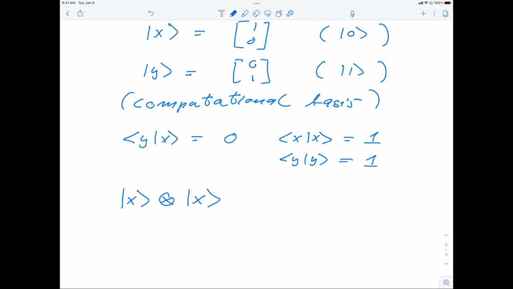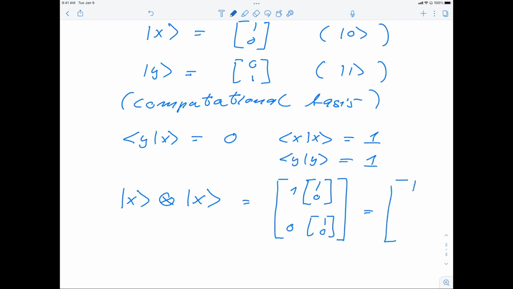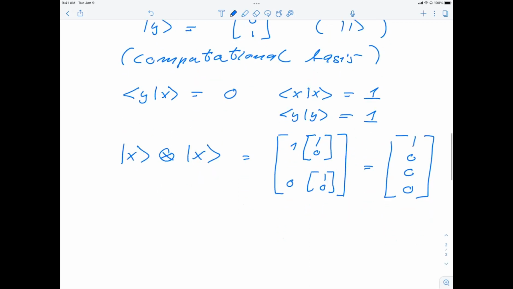So x is now a vector of length 2. When I take the tensor product, this actually means that I get a new tensor where I now have 1, which is multiplied with (1, 0). So this is a definition of the tensor product. And then I have 0, which is multiplied with (1, 0). And this becomes simply (1, 0, 0, 0). You would see this often written now in a compact way as xx.